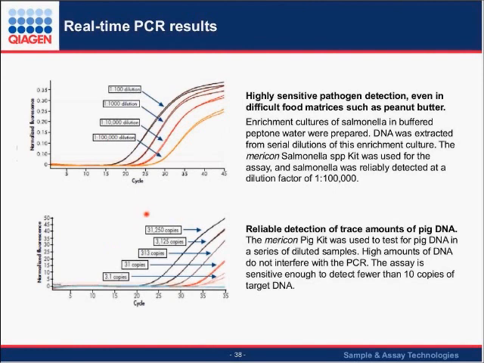For instance, a lot of gelatin is made from pork, and you don't always know that the gelatin is pork-based, so you can use this to detect pork in gelatin, or the presence of cheap meat in what's deemed to be expensive meat, and so on. So it's a nice way to look at ingredient authentication. And again, we're detecting down to 3 copies of pig DNA in this particular assay.